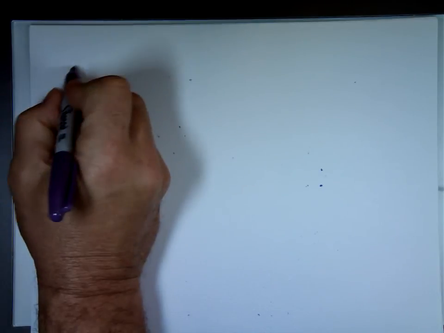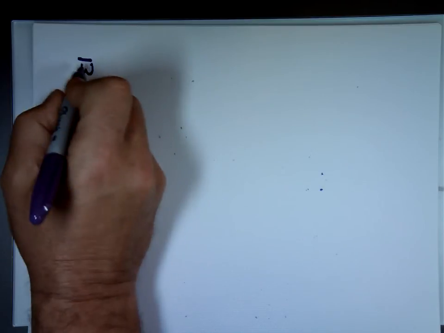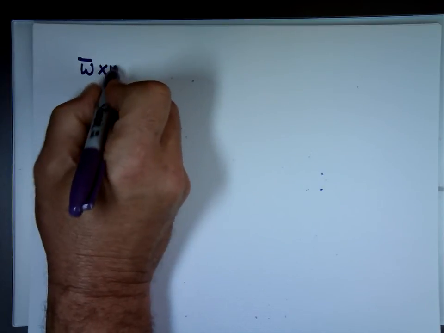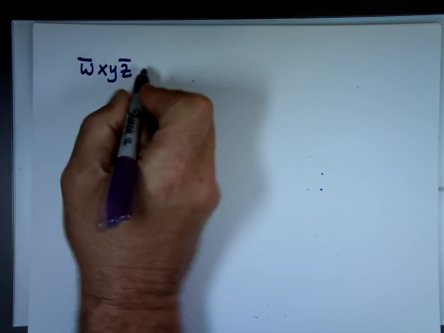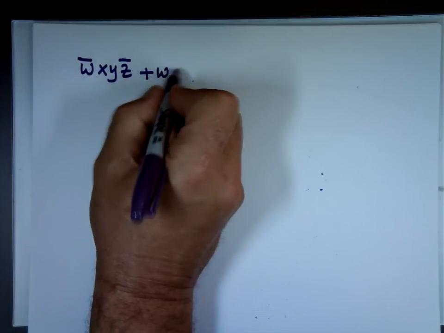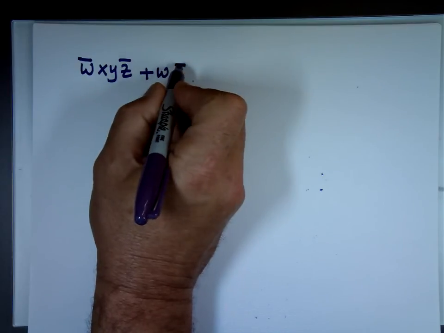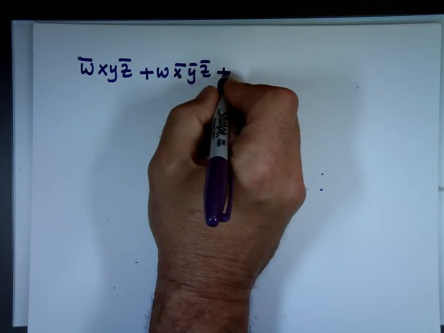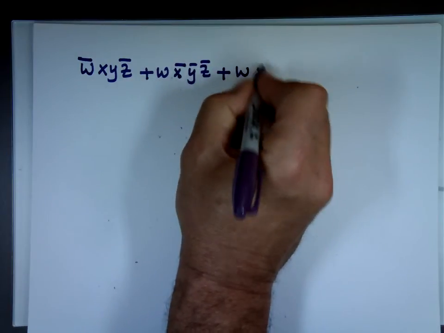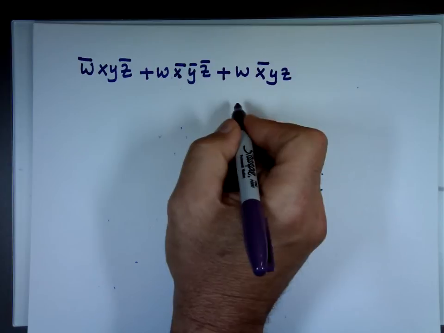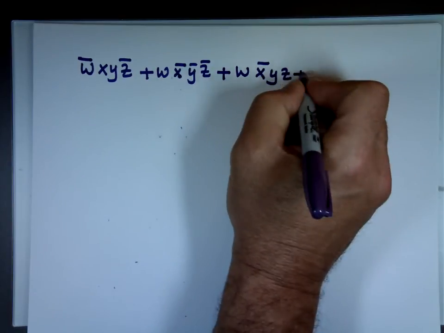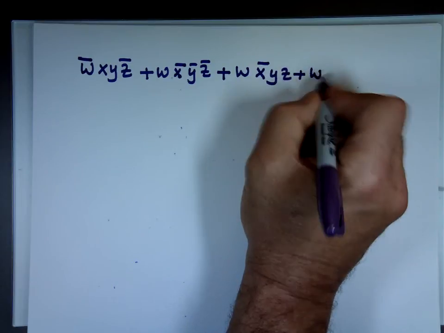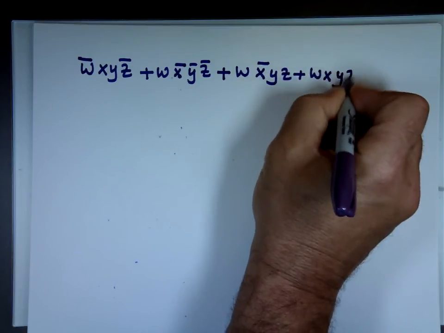Say I want to build this one in the lab: W bar X Y Z bar, plus W X bar Y bar Z bar, plus W X bar Y Z, plus W X Y Z. You want to build this one in the lab.